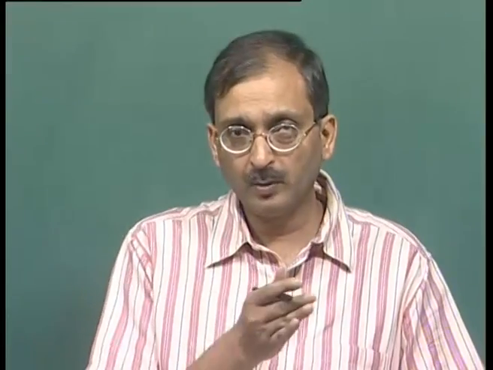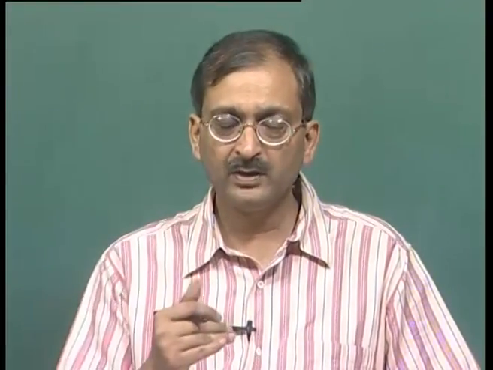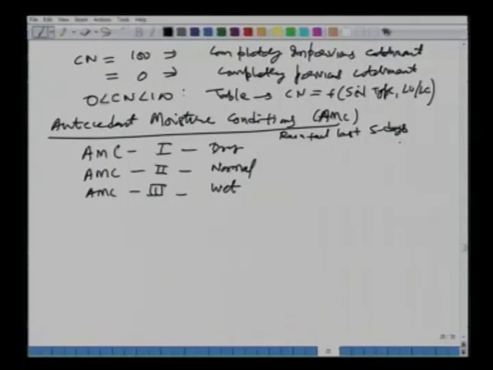Depending upon the magnitude of that cumulative rainfall, you say that the current conditions are either dry or normal or wet. This rainfall for the last 5 days is also defined for the dormant season and for the growing season, for the benefit of the rural areas or the agricultural areas.